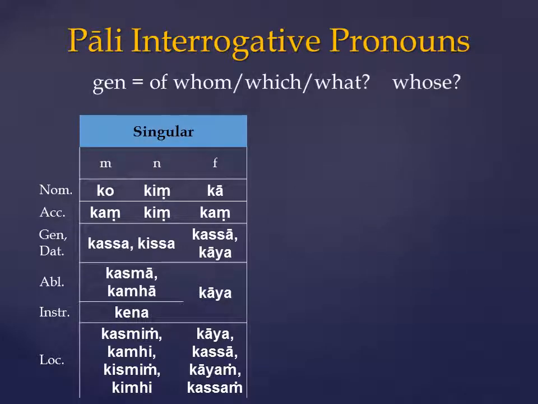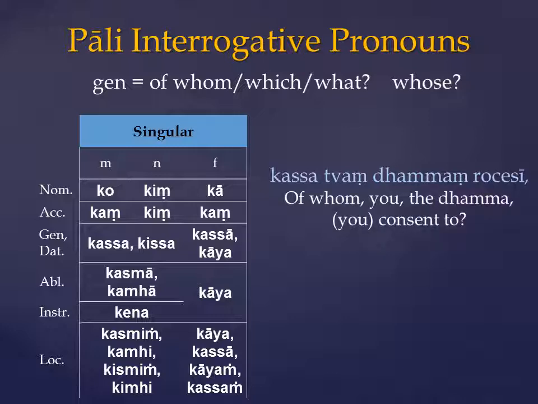Pronouns in the genitive case are possessive, so we can render this of whom or whose. And if we look at an example, kasa tvang dharmahang rochesi, taking this word for word, we can say of whom you, the Dharma, consent to, and the verb is in second person again, matching the pronoun you. And if we take kasa as a genitive interrogative pronoun, being a genitive, it will belong to another noun, and in this case, that's the Dharma.